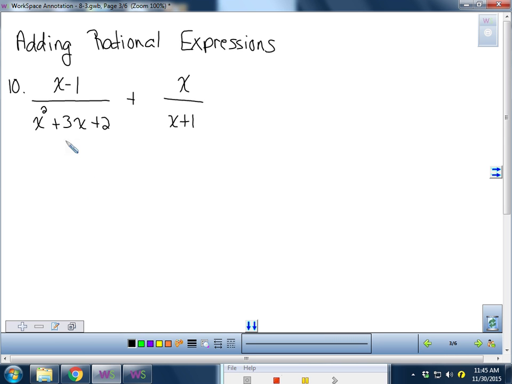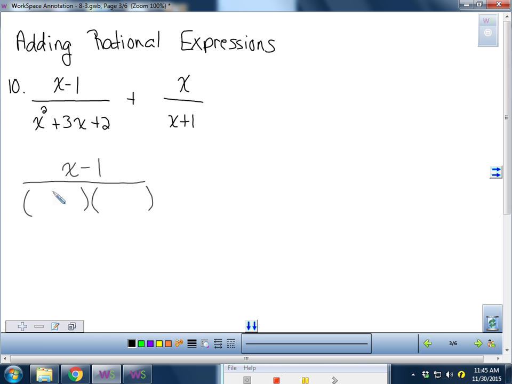Alright, so let's talk about adding some rational expressions. Notice that I no longer have a common denominator. So, when I see that one of my denominators is a trinomial, I want to attempt to factor that, because in order to put these two together, I have to have a common denominator. So let's factor the bottom.